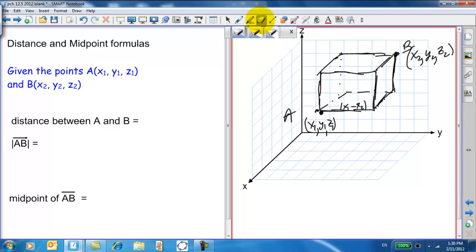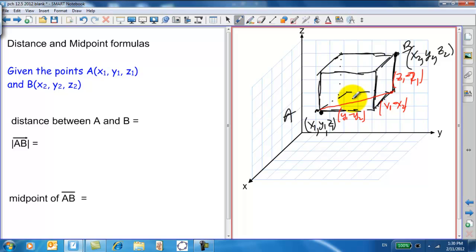So technically that's actually y1 minus y2. And this gap in here would be the absolute value of x1 minus x2. And this change in height would be z1 minus z2. And so you can figure out from the Pythagorean theorem the distance along the base here. And then you've got to plug it in again.